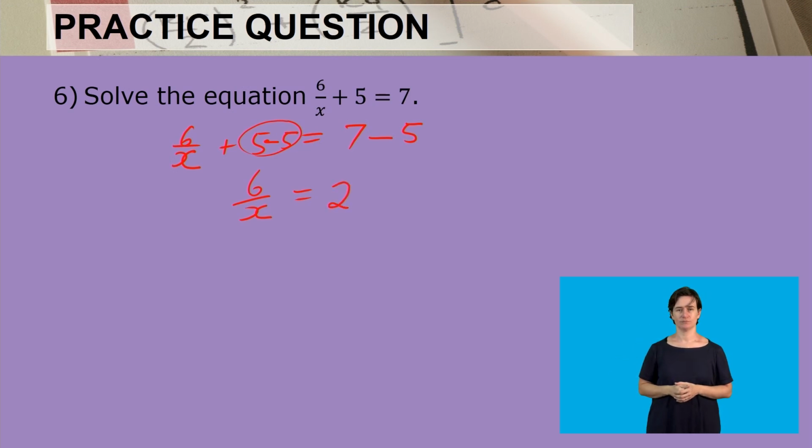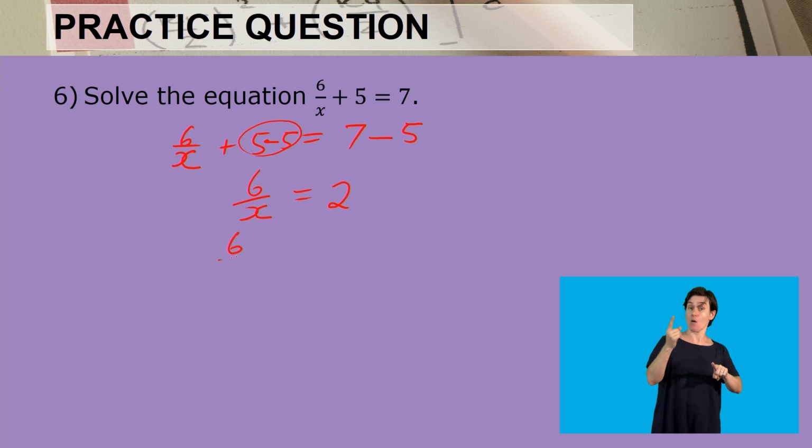And then this time our denominator is x. So that means we need a multiplicative inverse of x, which is 1 divided by x. Because it is a denominator, we need to multiply by x.